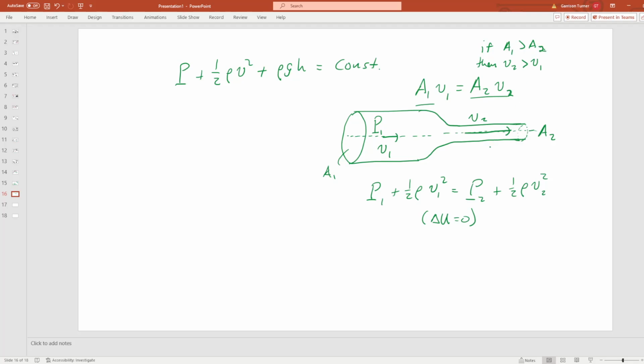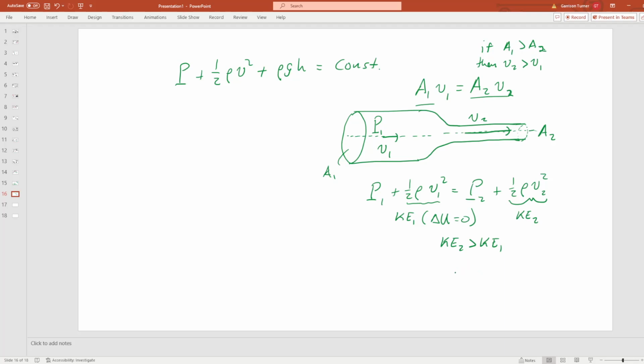Okay? But what does Bernoulli's equation say? So if V2 is higher than V1, then kinetic energy 2 compared to kinetic energy 1, we must have KE2 greater than KE1.